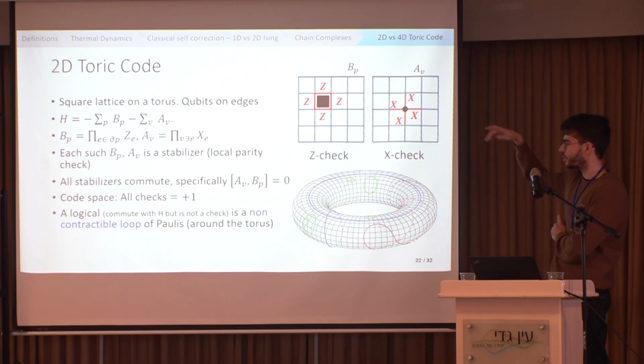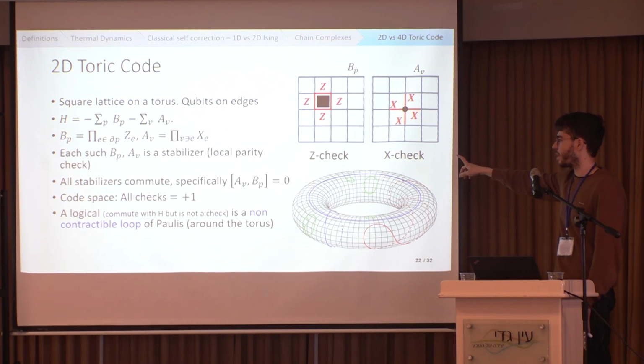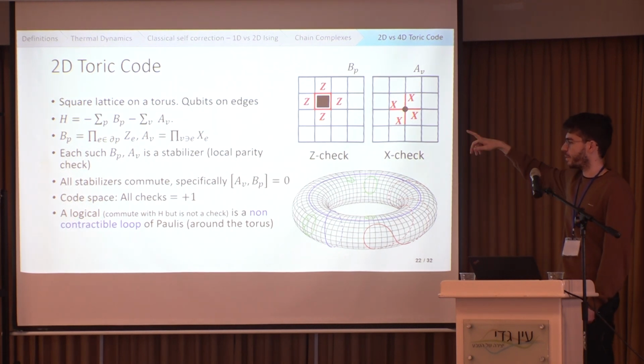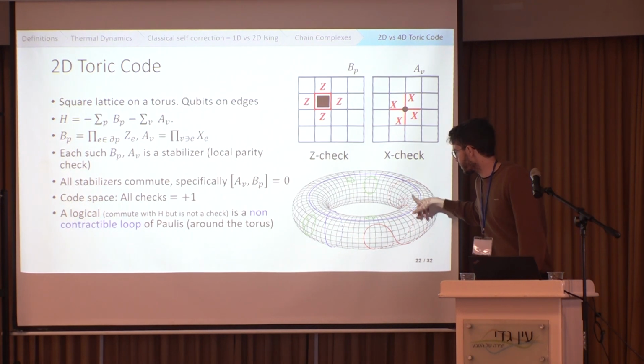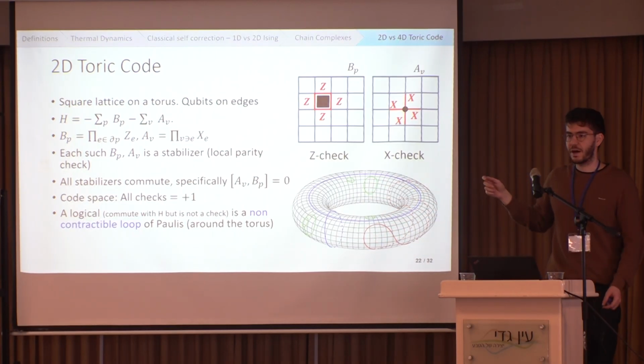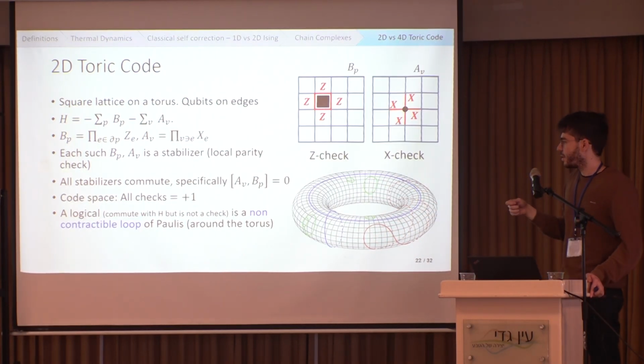And a logical operator, which commutes with H but is itself not a check, will be a non-contractible loop of Pauli operators around the torus, as we see here in the blue line.